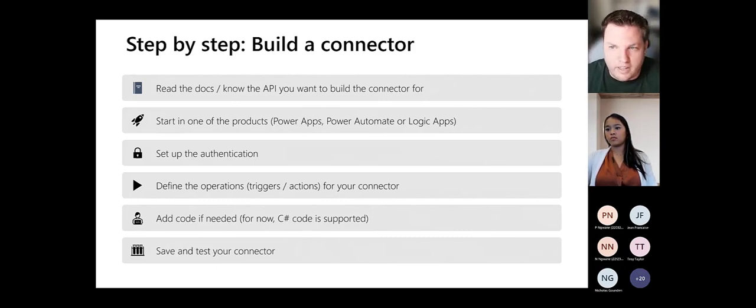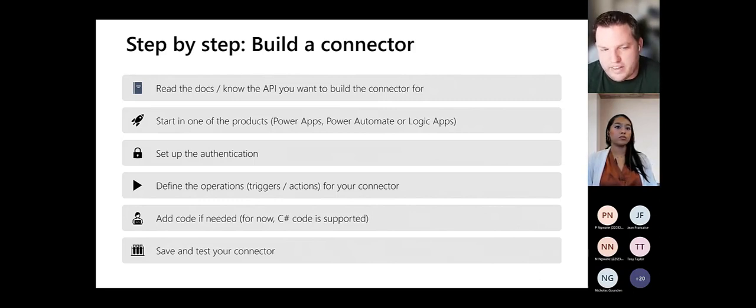It could be anonymous, like the one we are going to build in a little bit. It can be OAuth 2, for instance. That's a really familiar type of authentication. You can also use API keys if that's what your API supports. There are multiple types of authentication that you can use within your connector.